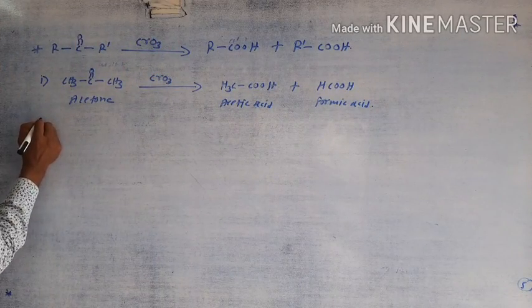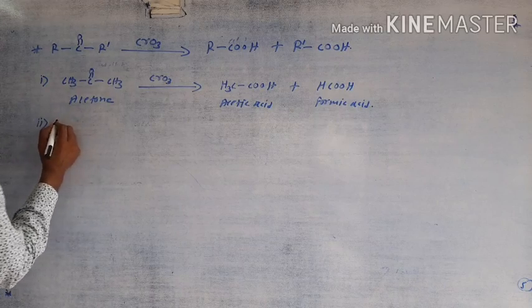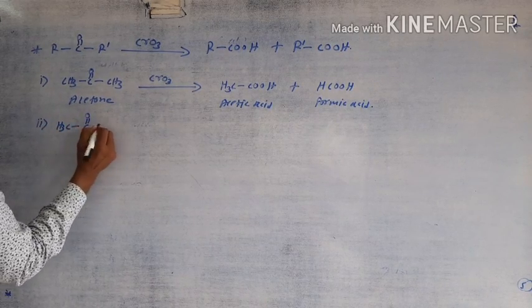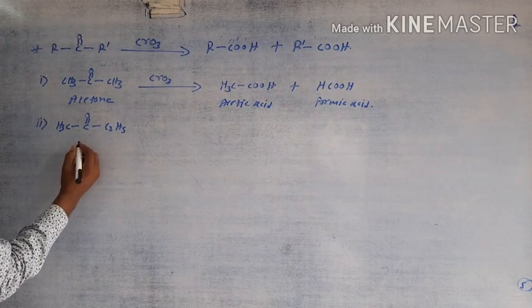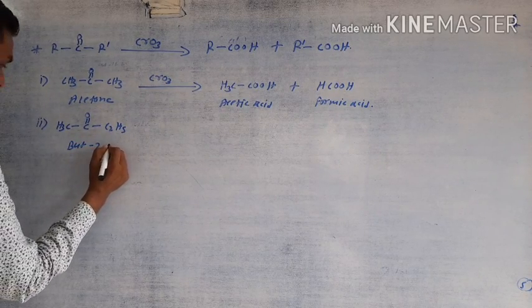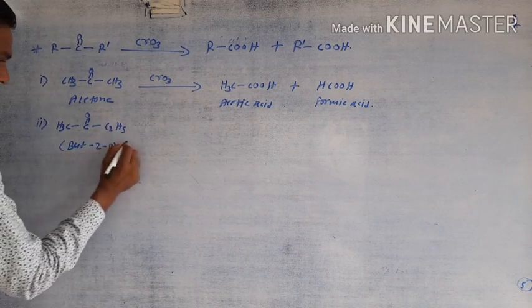Another example: suppose C2H5, this is butan-2-one.